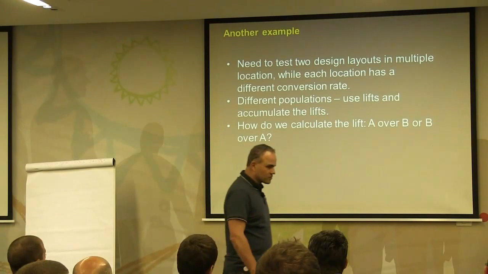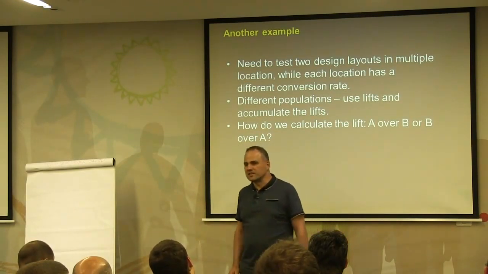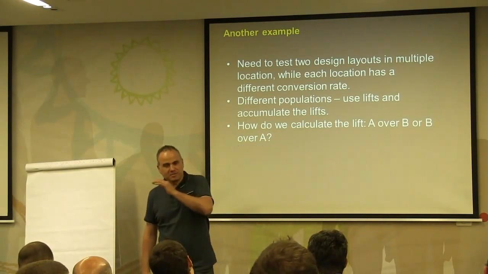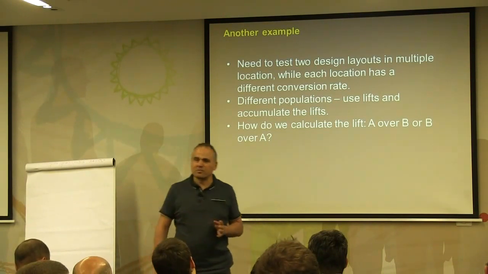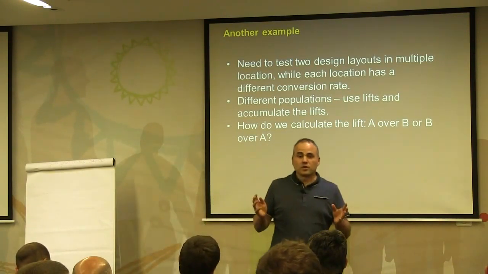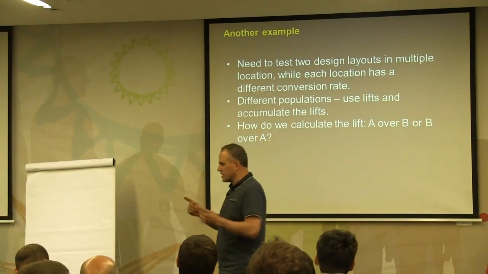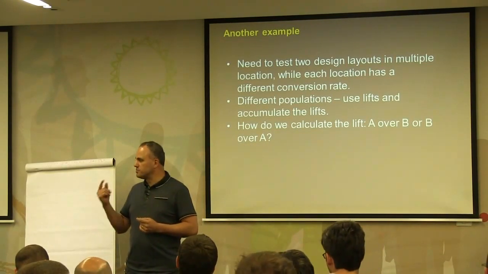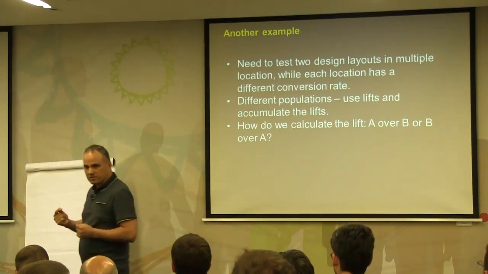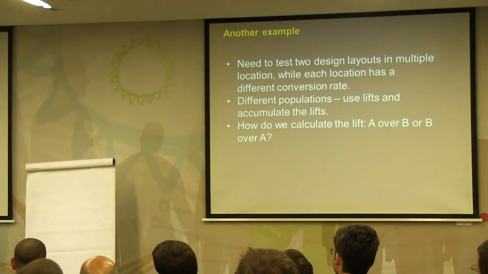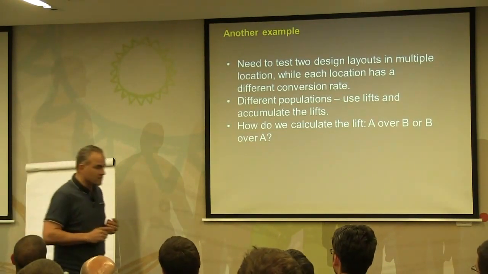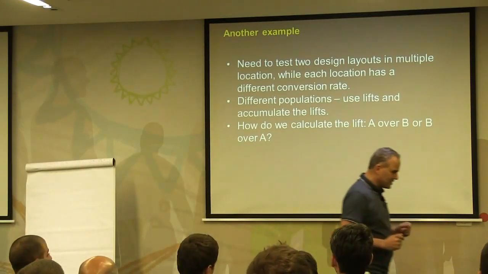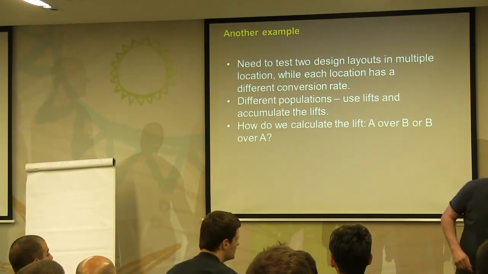I have a slide about Simpson's paradox, but it's an example about when you compare two alternatives and you have two types of populations, and one alternative is better in each of the populations, but if you combine the two populations together, you get the reverse result. So I will talk about this, but let's continue here.